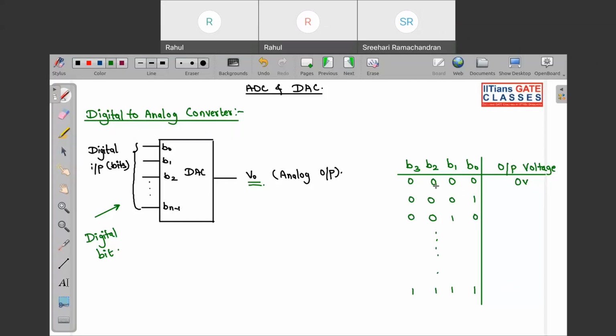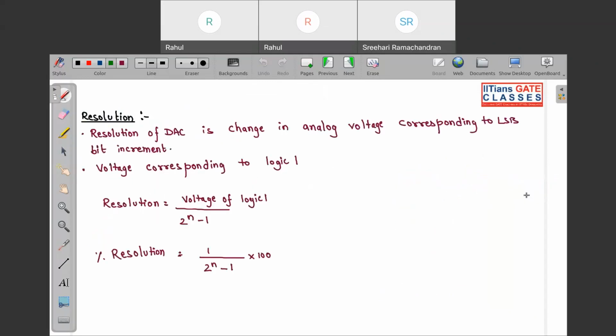Now for 0 0 0 1, this is decimal 0, this is decimal 1, and this will be decimal 15. For this decimal 1, if our output voltage is, assume, 0.25 volt, then you are going to say that the resolution of this DAC is 0.25 volt. That is what I have written over here: the resolution of a DAC is the change in analog voltage corresponding to the LSB bit increment.